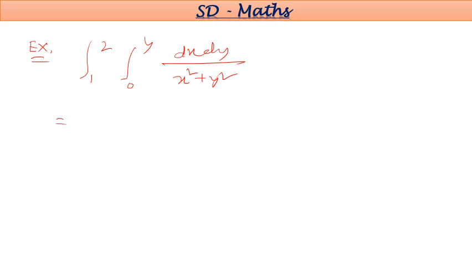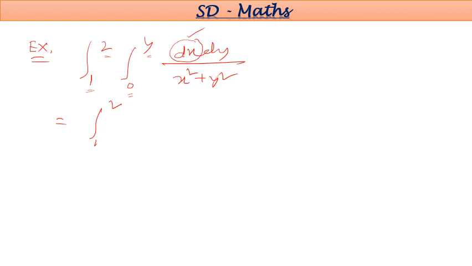So here the first limit is some constant to constant, the next limit is some constant 0 to y, and dx dy. So here you should integrate with respect to x first of all, right? And then integrate with respect to y. Therefore 1 to 2, right?